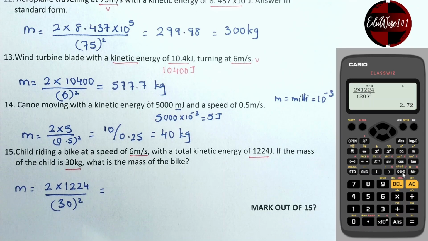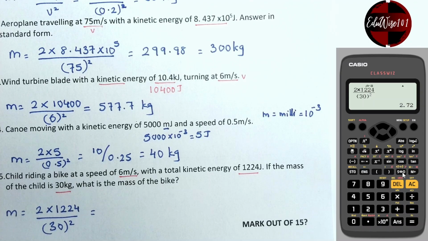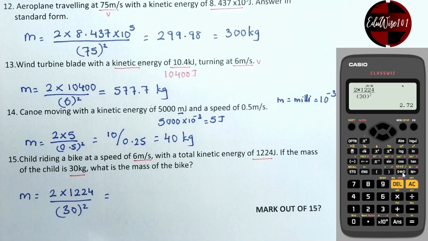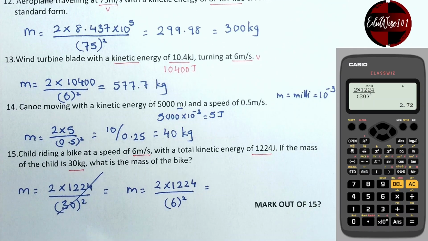That is way off. Why is that? Oh, sorry, the answer that was incorrect. It wasn't 30 squared because the speed is 6 squared.